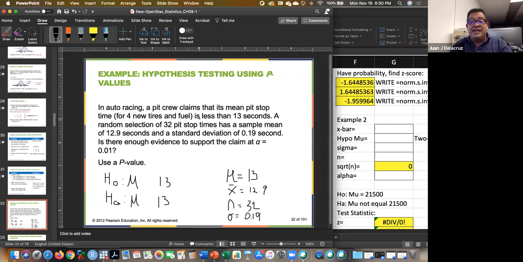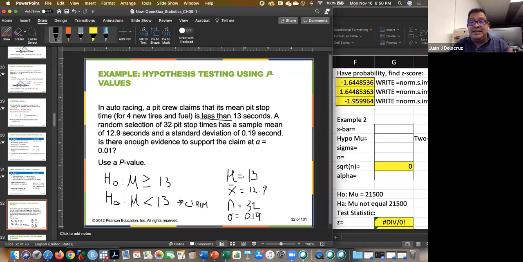And then I'm going to see what is next. Well, it says less than. So remember, less than is this sign. So this is going to be the claim. And the complement is going to have the counter argument. So if this is less than, it has to be greater than or equal to 13. So I already built my hypothesis.